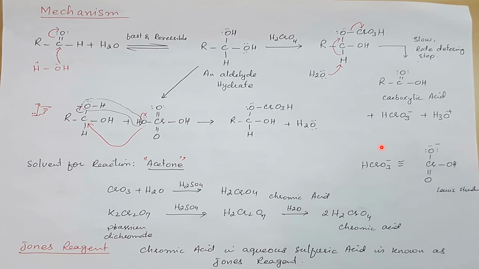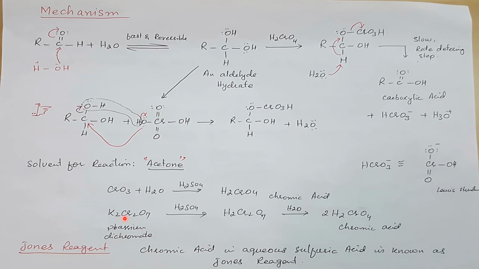One important thing is how we can have that chromic acid, what are the different means or sources of the chromic acid. Chromic acid can be produced by the reaction of chromium oxide with water by adding sulfuric acid. So we will have the chromic acid.